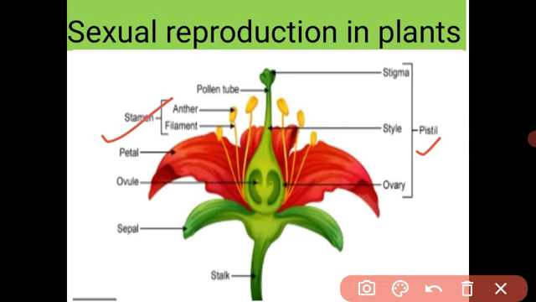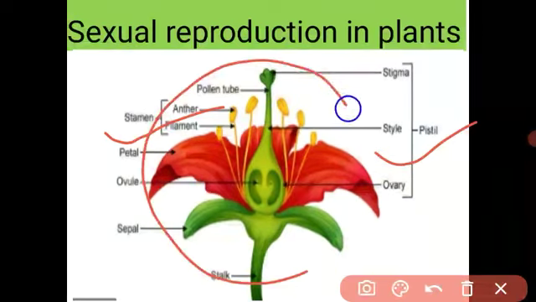If the flower contains only stamen, only male gamete, this flower is called the staminate flower. क्या कहते हैं उसको? Staminate flower. And the flower which contains only pistil, only female gamete, is called the pistillate flower. समझ में आ गया बेटा?